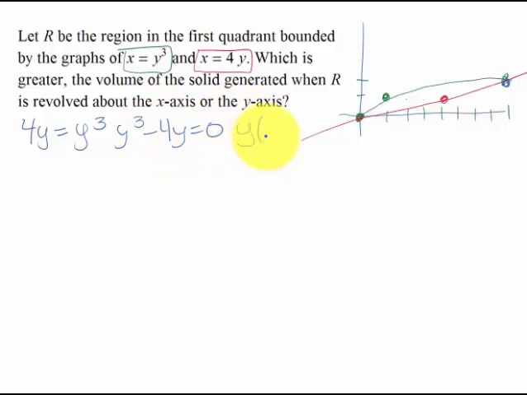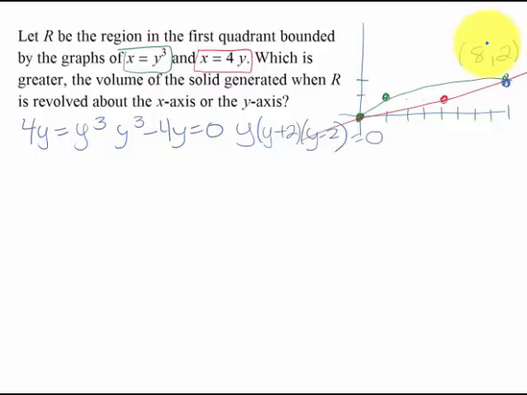Factor out a y, and that leaves y squared minus 4, which factors into y plus 2, y minus 2. So what that tells me is there are intersection points when this equals 0, at 0, at -2, and at 2 for the y values. So this point is a y value of 2, which meant the x value was 8.